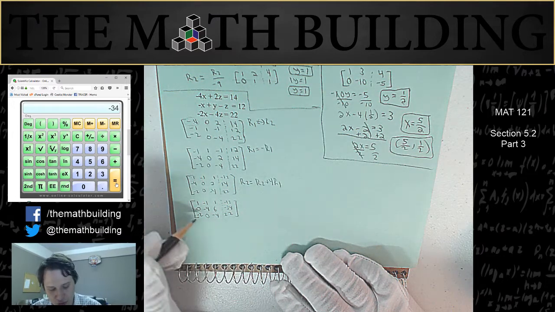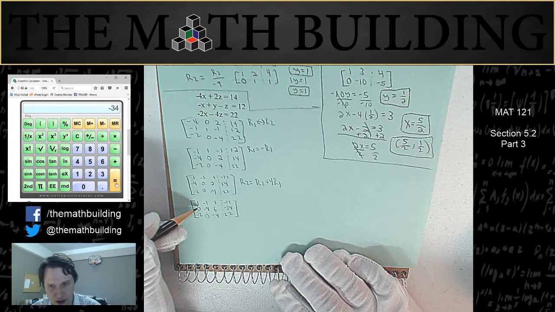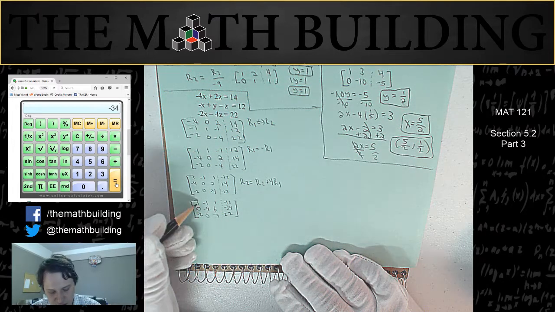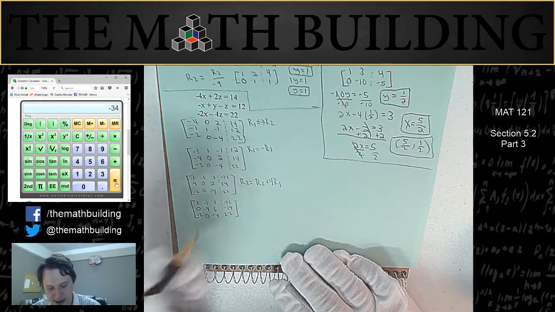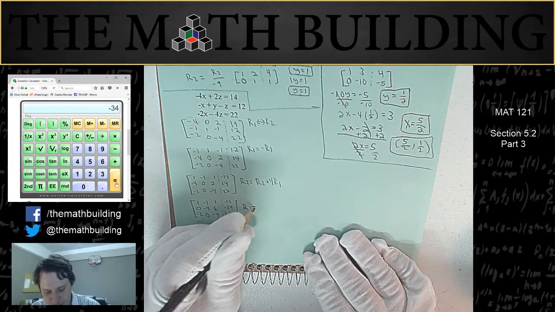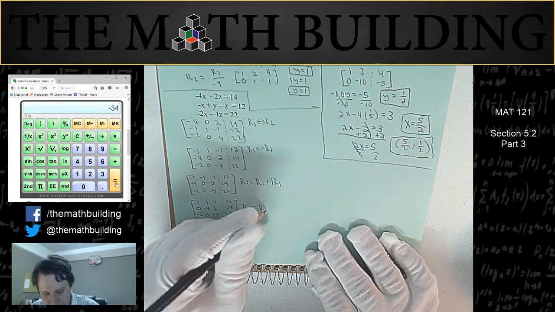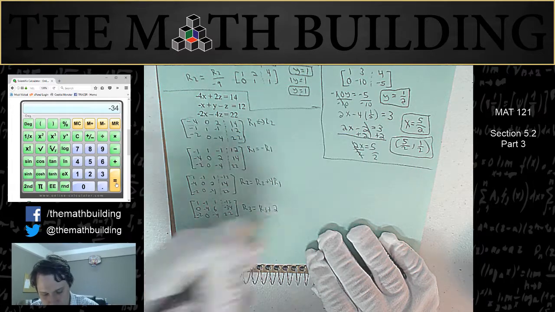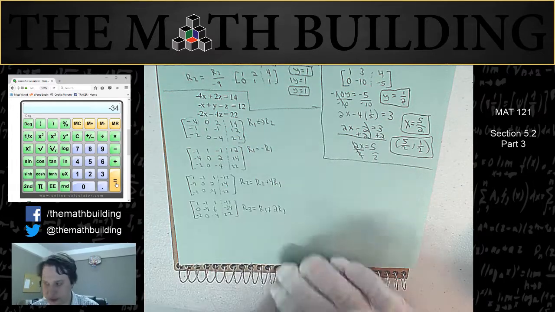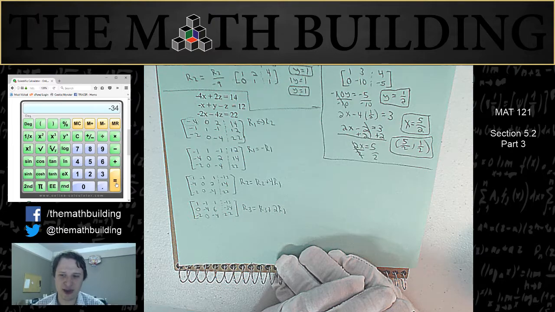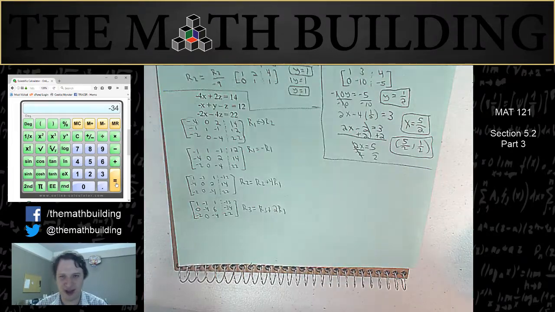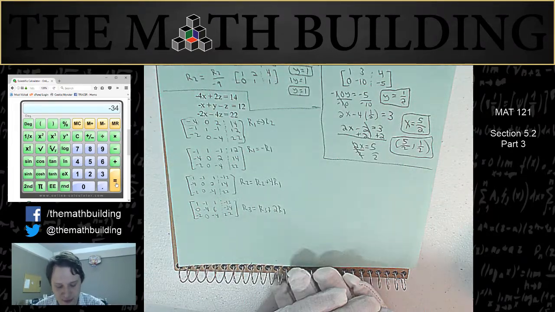Now let's replace row 3 because we need a 0 here. We need a 1 here and the rest of the column being zeros. So I can do that by multiplying by 2 and adding down. So row 3 equals row 3 plus 2 times row 1. This can get tricky when you have lots of negative signs and lots of signs flipping, so you just need to be really careful.